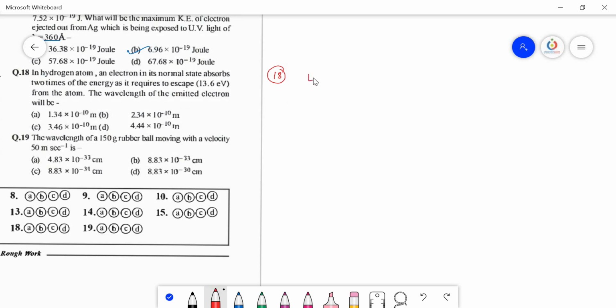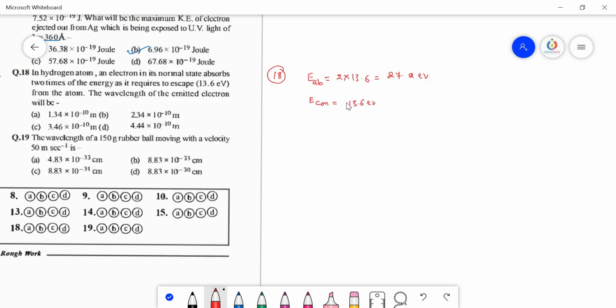So first of all, energy absorbed by the atom is equals to 2 times the escaping energy, that is 13.6, total is equals to 27.2 electron volt, and energy consumed is equals to 13.6 electron volt. This much amount of energy it consumed.